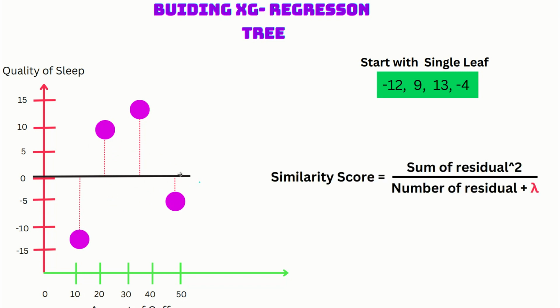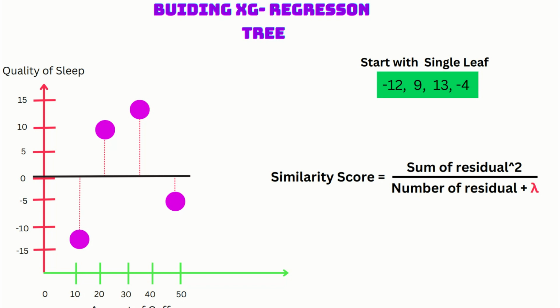Now we need to calculate the similarity score. Similarity score is the square of the sum of residuals divided by the number of residuals plus lambda. Here lambda is a regularization parameter. We will discuss it later in detail.